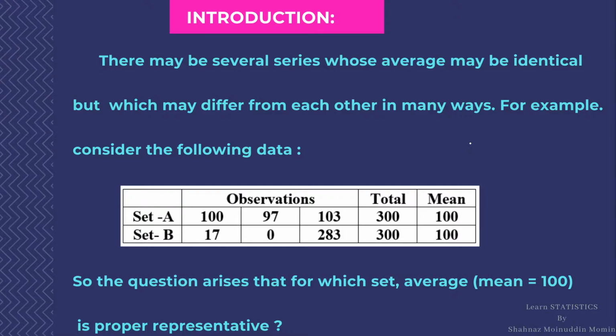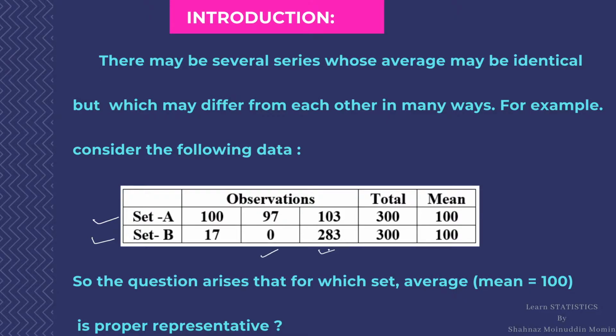Now let us consider the example to understand how the data differs from each other. In the given data, we have taken two sets of observation, set A and set B. Each set has three values. Set A consists of three values 100, 97, 103, and set B having the three different values 17, 0 and 283.